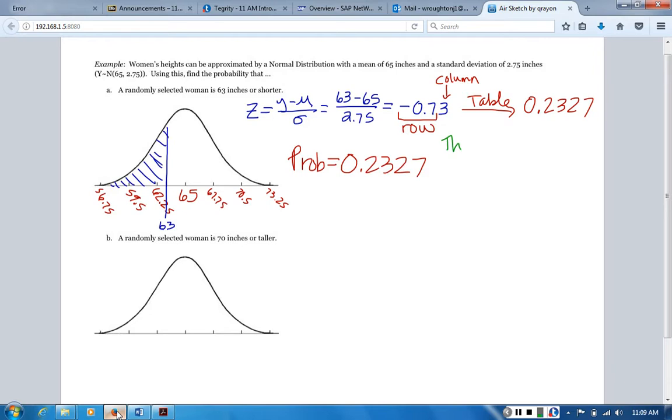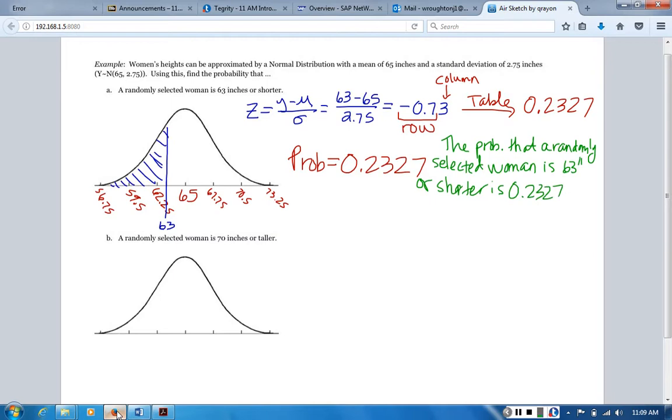So I can then say the probability that a randomly selected woman is 63 inches or shorter is, and you can either leave this as a decimal or if you prefer, you can change that to a percentage by multiplying by 100%.